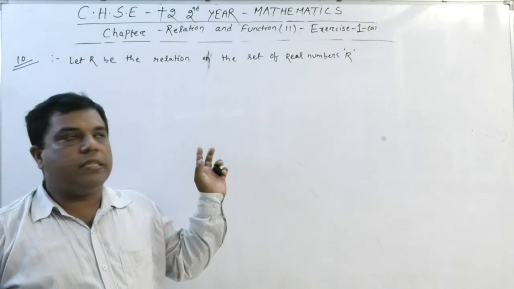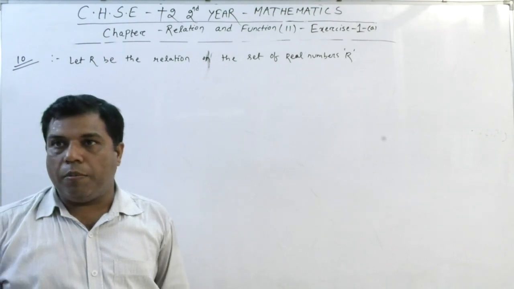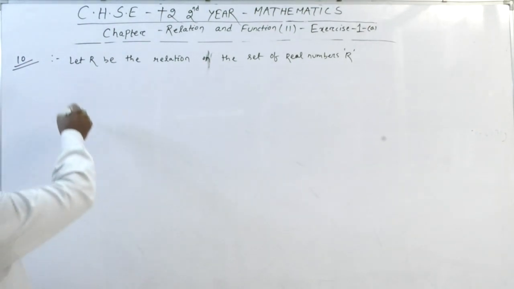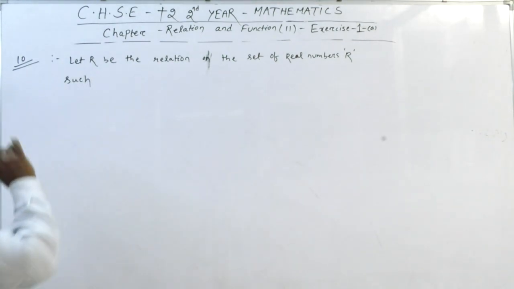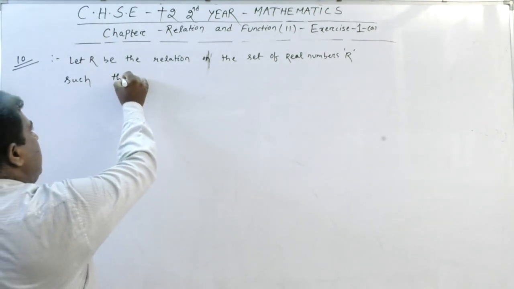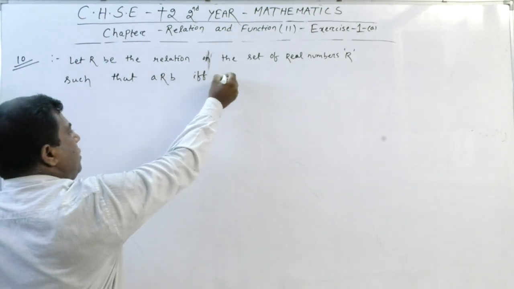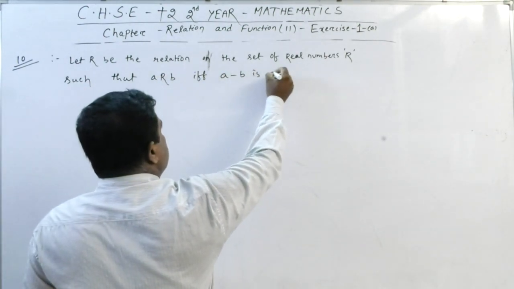So the relation R is defined on the real numbers. And how is it defined? Such that A is related to B if and only if A minus B is an integer.